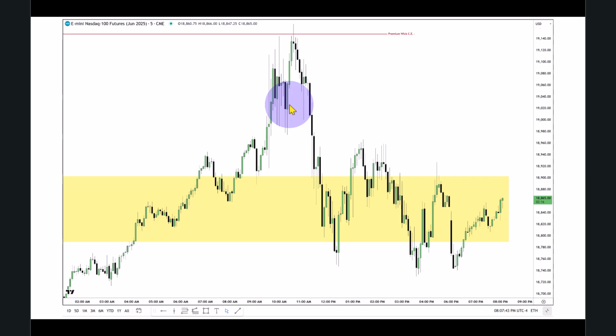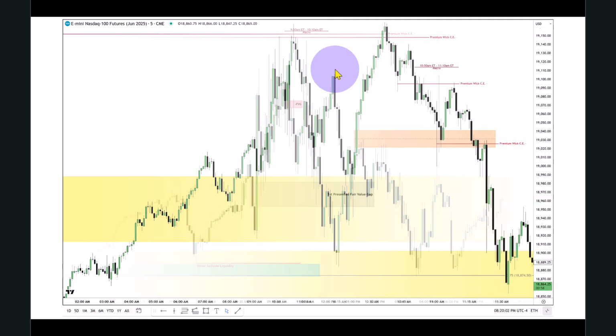So I felt it would be likely to pull back down into this little area right in here, which had this low, and I annotated that in Telegram. So that was really the first primary run I wanted to see. And then moving in the same direction of the opening gap, being bullish, this would have been another area I'd be reaching for. But we're going to see what happened in reality here.